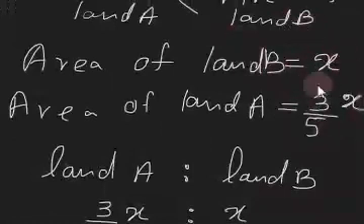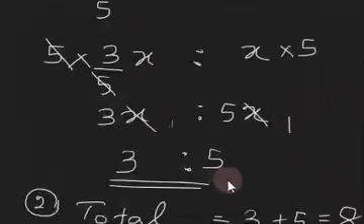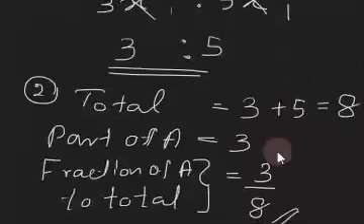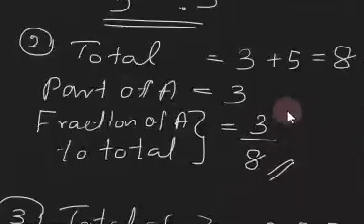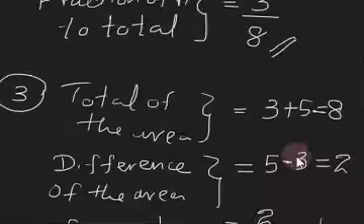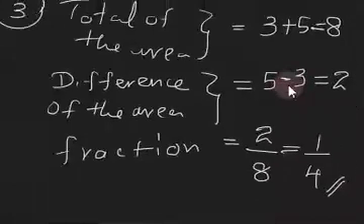Then using x you have found the area of land A, then take the ratio. Finally we get 3 to 5. Then using that ratio we have found these two fractions according to the given questions. Right? I hope you understood this.